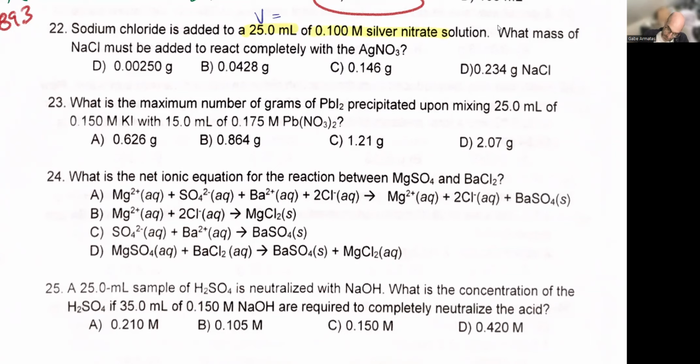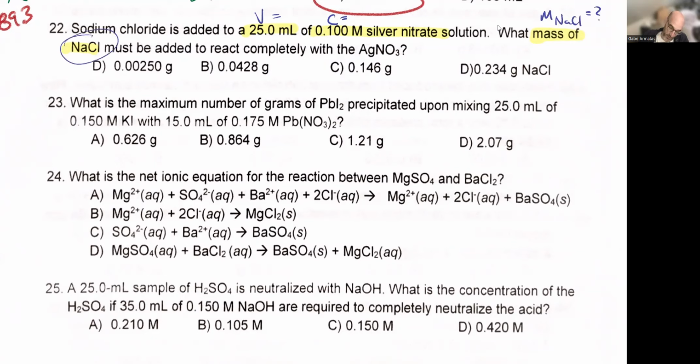Okay, so this is a concentration. What mass of sodium chloride? Okay, so what mass of sodium chloride? We're actually looking for a mass of NaCl. That's what we're looking for in order to completely react.